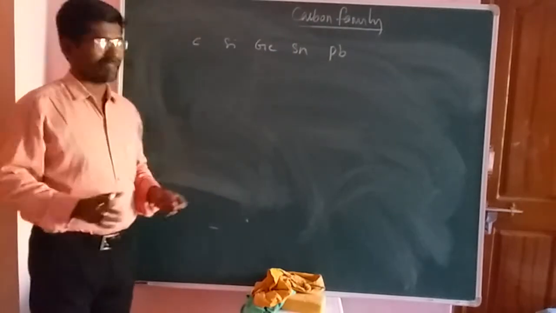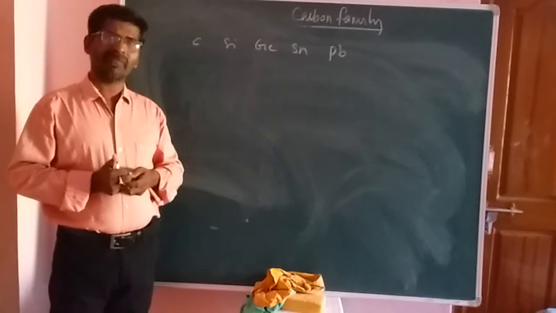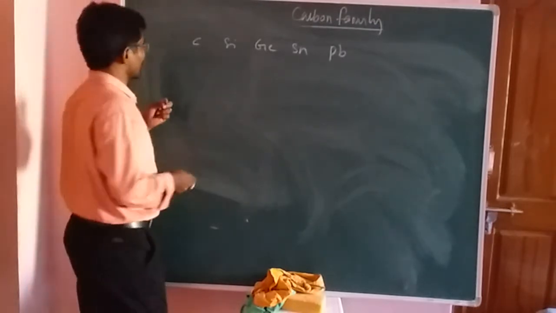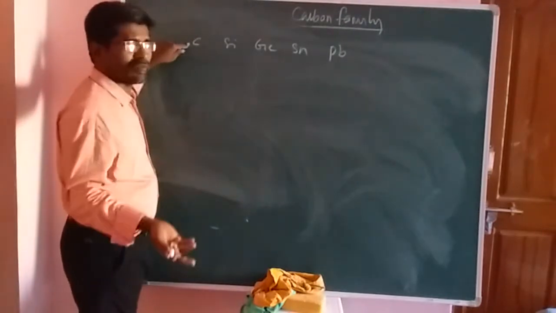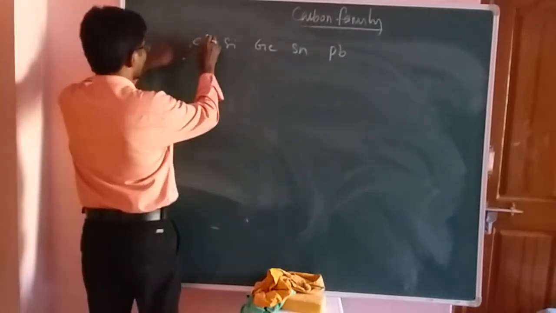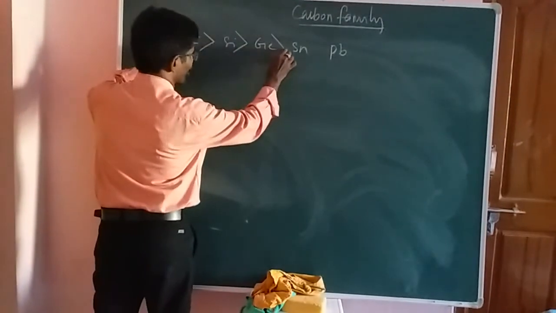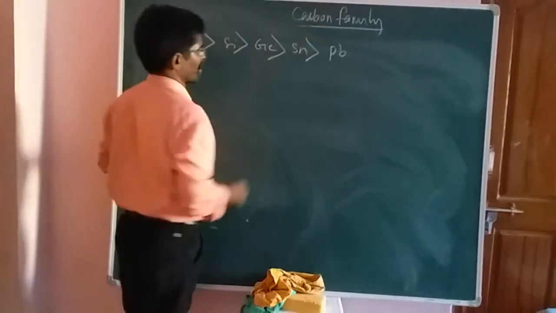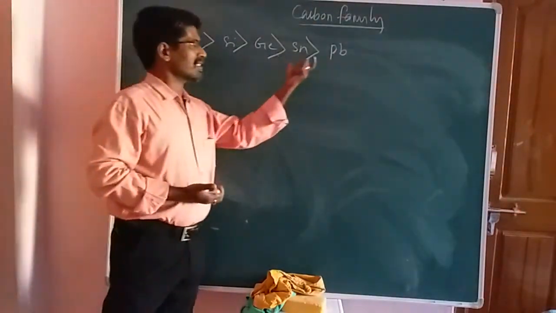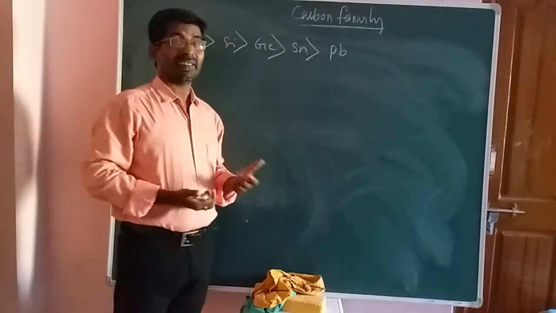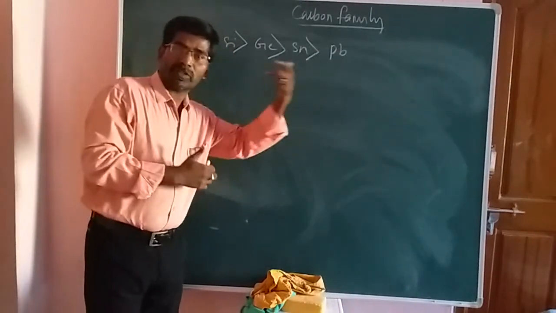If you check the general trend, from top to bottom size increases and ionization potential should decrease. So this one should have more ionization potential than the next. But here there is a small change in this trend. It is the regular trend, but the ionization potentials of these elements do not show this property.